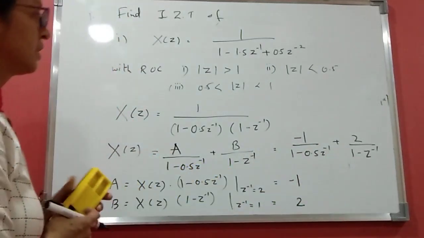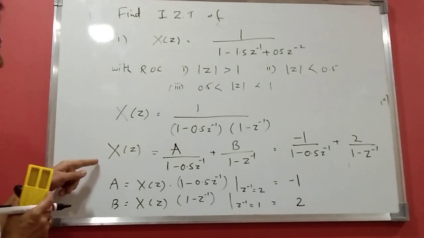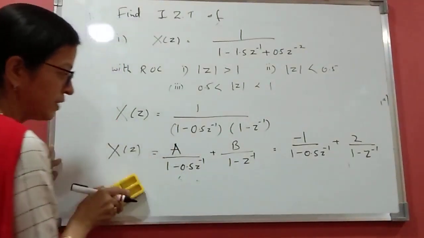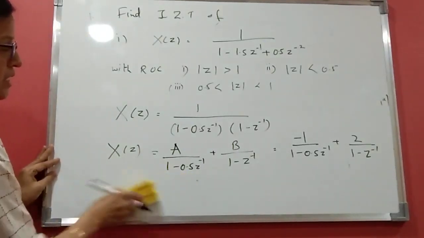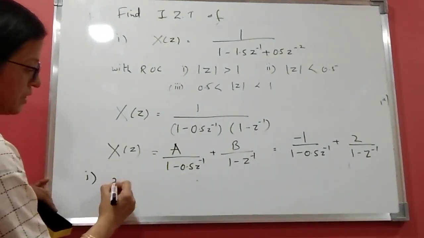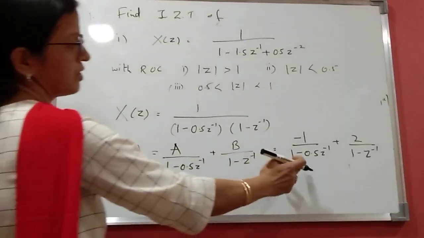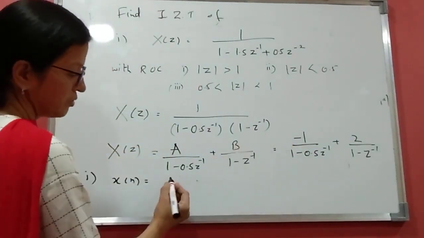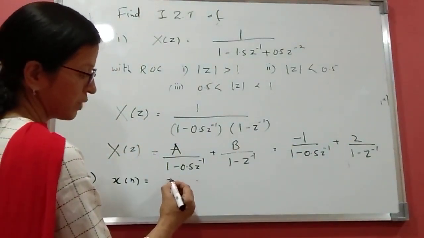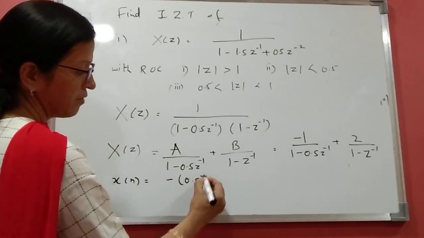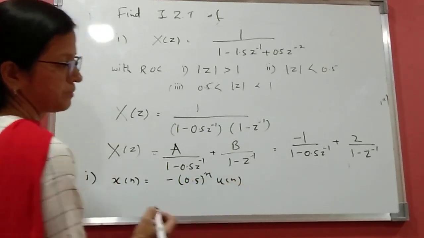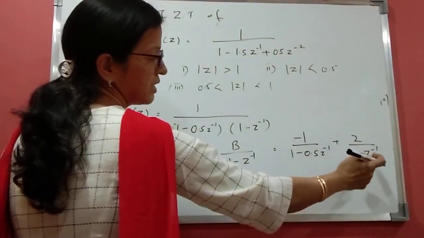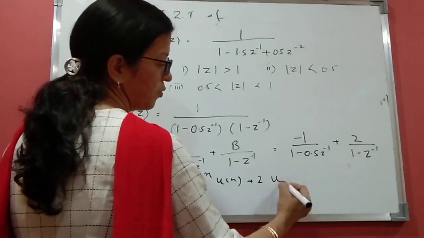So combining these, we can now write x[n]. For the first ROC, x[n] equals, because mod z is greater than 1 and both are causal, this is the Z transform of a raised to n, so minus 0.5 raised to n u[n], plus 2, where 1 upon (1 minus z inverse) is the Z transform of u[n].